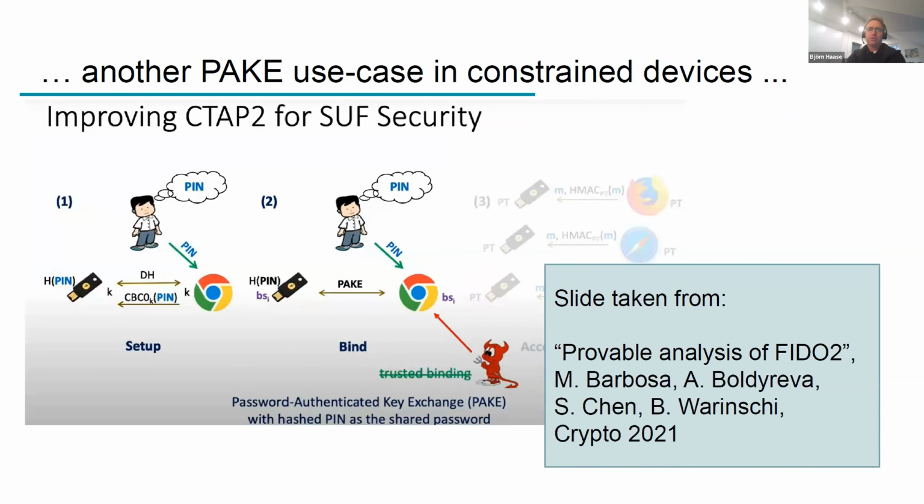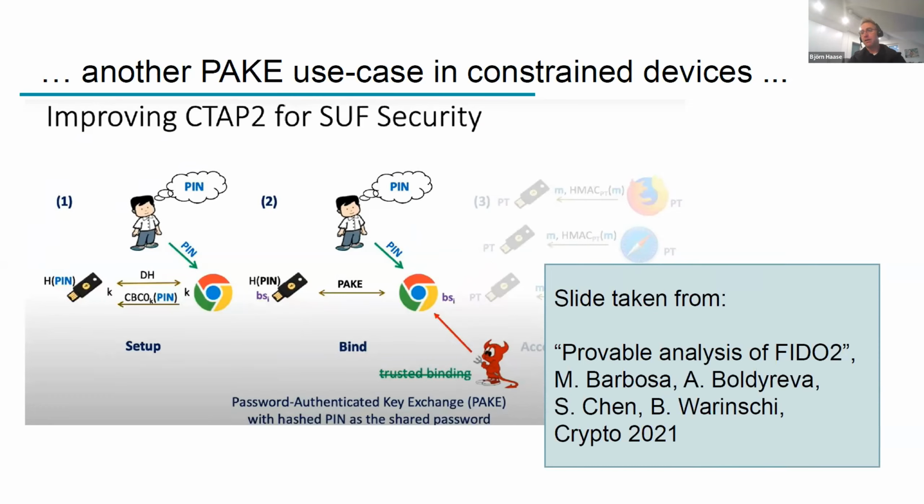In order to motivate you that PAKE is interesting for constrained devices, here's a slide taken from this year's Crypto conference, where an analysis has revealed that the current FIDO2 standard could be significantly improved if one authentication step, where the token is authenticated by a PIN, is replaced by a PAKE protocol.